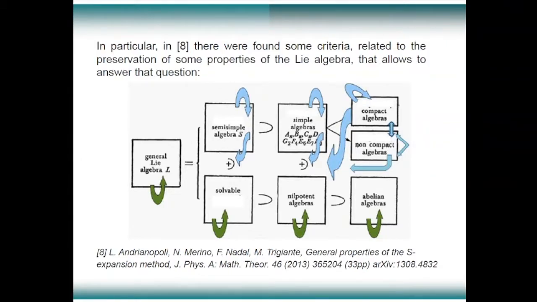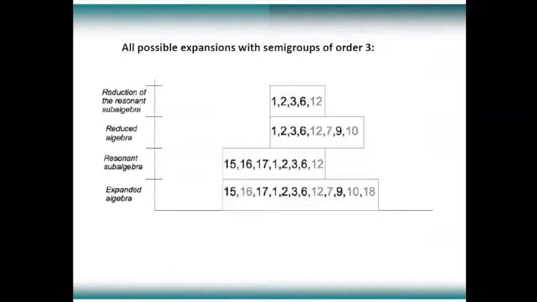And in this article, they study how many expansions give back a semisimple algebra. For all the possible expansions with semigroups of order 3, they found the expanded algebras, you have all these ones, and the gray ones preserve semisimplicity.